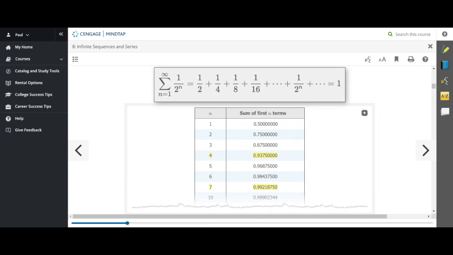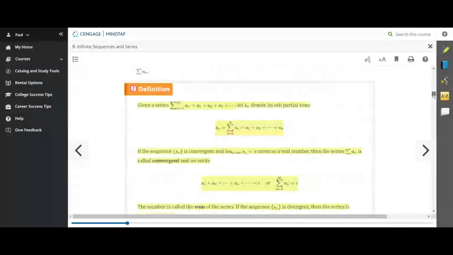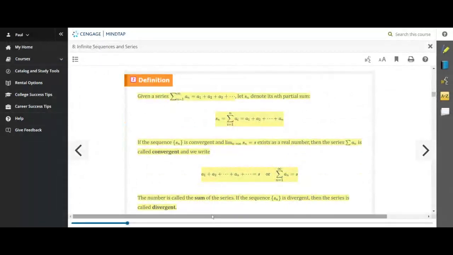If the series doesn't converge, it diverges. Okay, so here's the definition in section 8.2 of a convergent series and a divergent series. Take a moment to look at that.